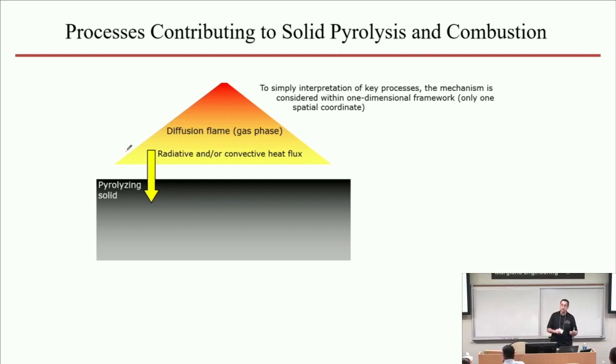This heat flux can be convective or radiative in nature. If it's radiative, there is a chance that this heat flux actually penetrates into the depth of the solid. Not all solids are completely opaque. This is especially true for synthetic polymers, many of which let some radiation in, and if you want to be careful, this needs to be taken into account.